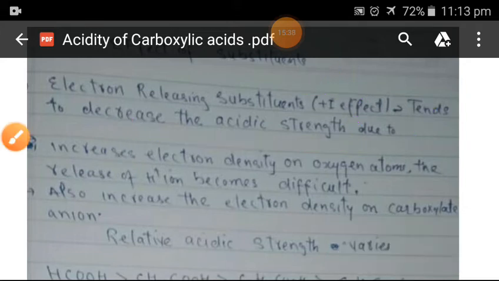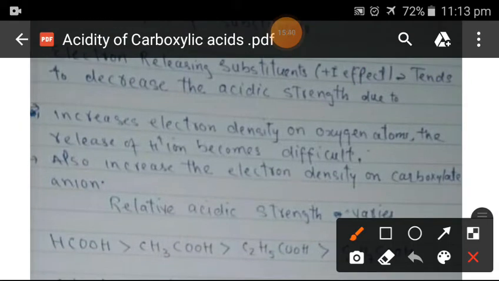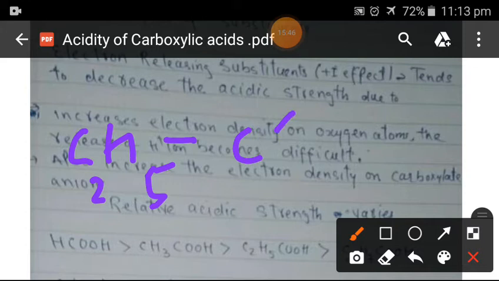So we will see what actually happens here. For example, if there is a C2H5 group attached to this carboxylic acid group, and when it loses the proton, it becomes a carboxylate anion. Here there is a negative charge.